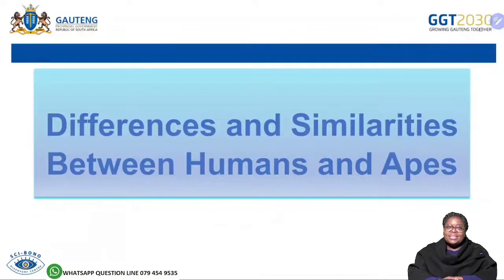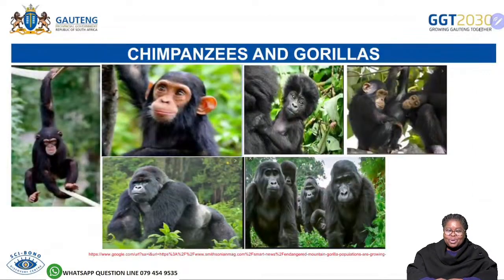You can answer this question at the end of this session. There are characteristics that make us differ from apes, and there are characteristics that make us similar to apes. When I talk about us, I'm referring to you and myself as well.